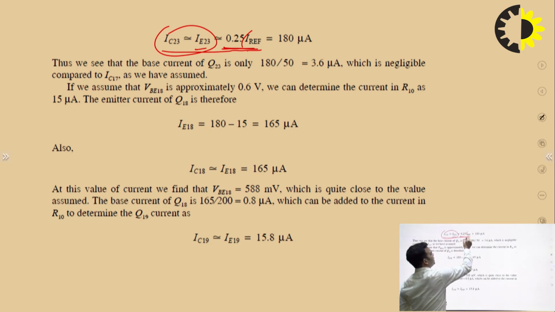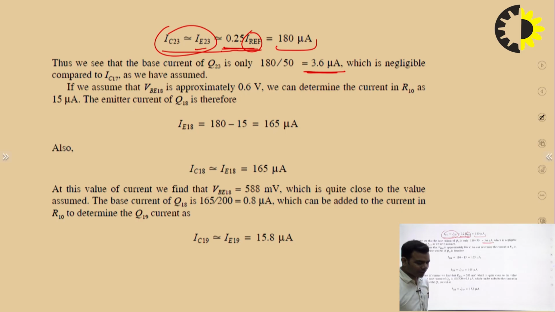And you know I reference, if you multiply it, you will get 180 microampere. So the base current of Q23 is this divided by 50, that means 50 is the value of beta. You will get 3.6 microampere, and this is quite negligible in comparison to IC17.